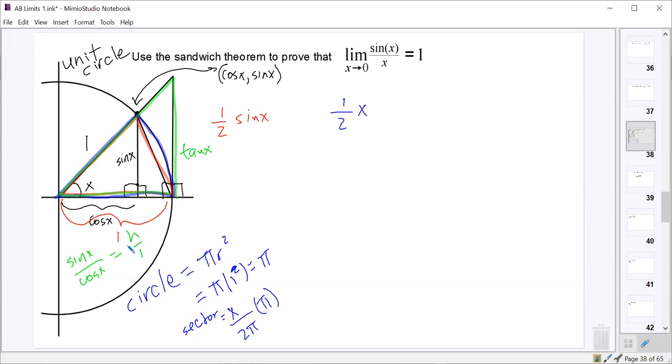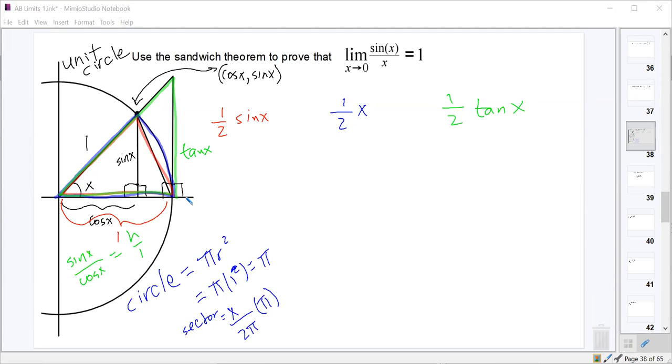And what does that make that area? Area should just be 1/2 tangent x. You all agree there? 1/2 base times height. Yes. All right, cool. All right, we've done all the hard work.